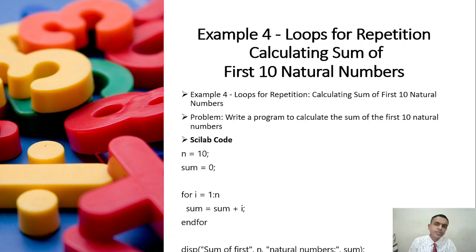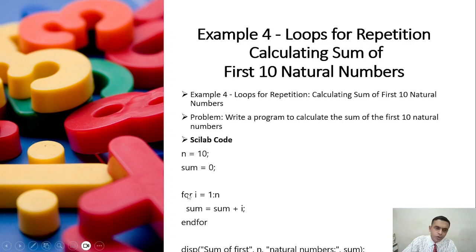Now we come to the fourth example, that is loops for repetitive calculations. What we want to do is use a for loop for taking the summation of the first 10 natural numbers, 1 to 10. So we first define the value of n equal to 10, and define the value of sum, where we are going to take the summation of each successive digit, equal to 0.